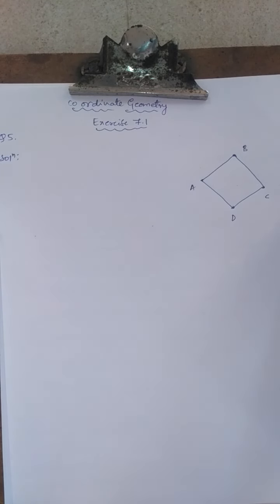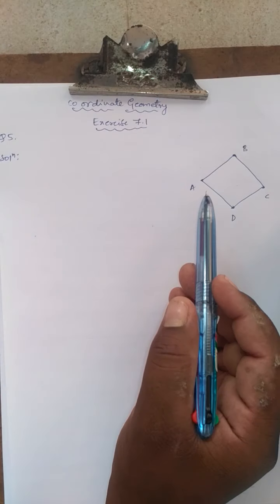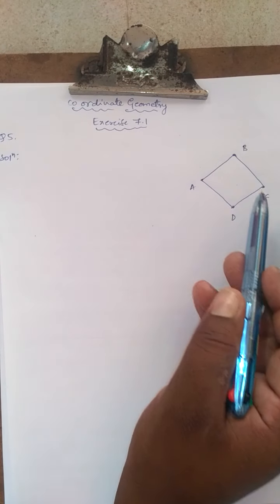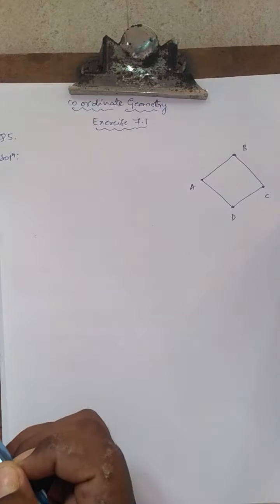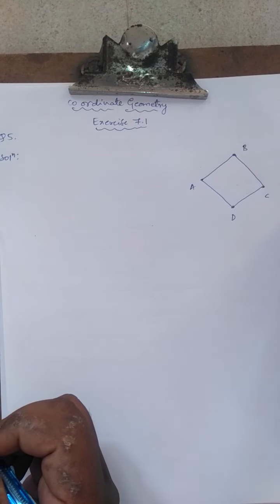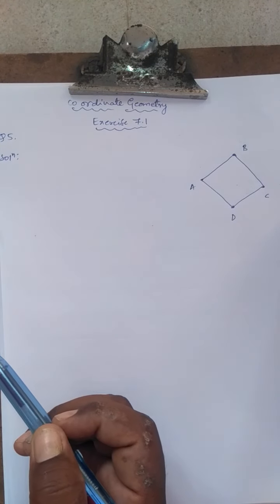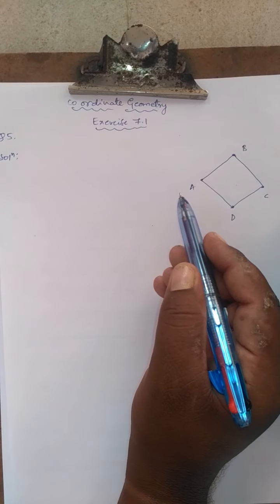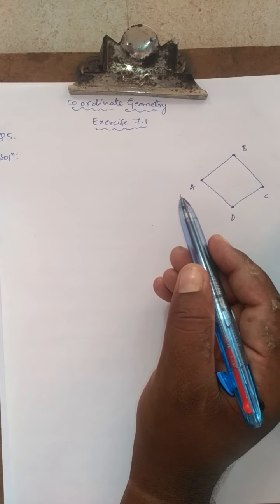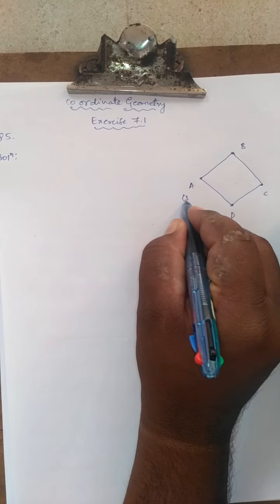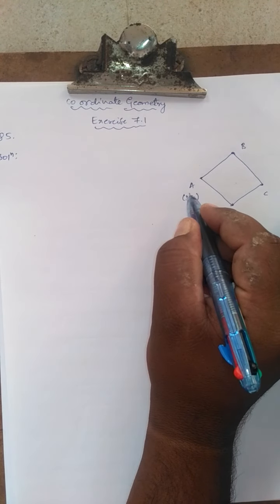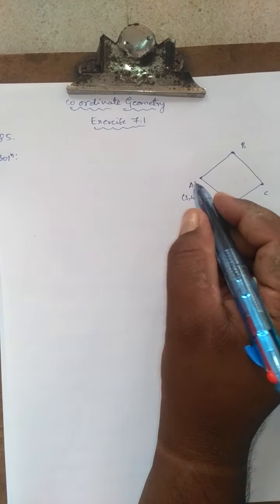In this solution, we have coordinates A, B, C and D. According to the given Cartesian plane of the textbook, we have to look at the points. Point A is (3, 4). Point B is (6, 7).